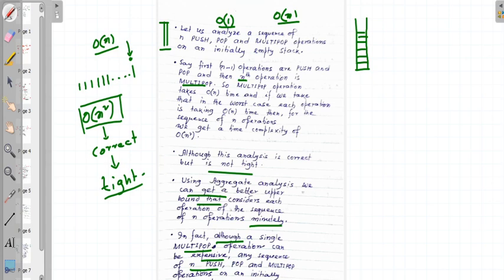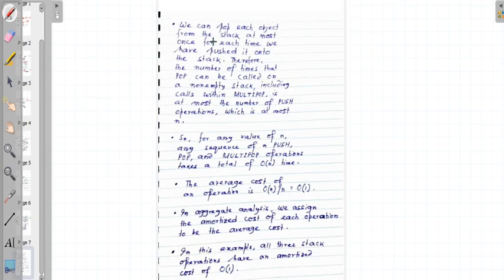Why is this so? Because we can pop each object from the stack at most once for each time we have pushed it onto the stack.